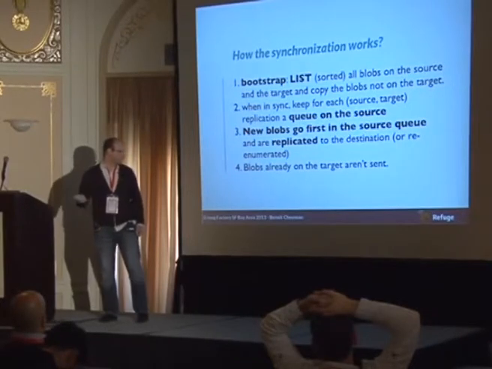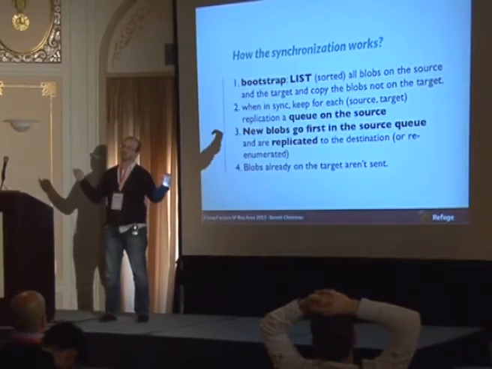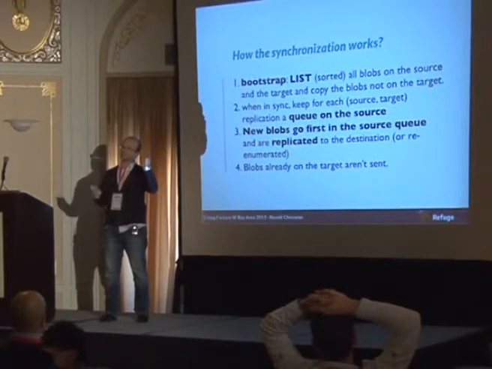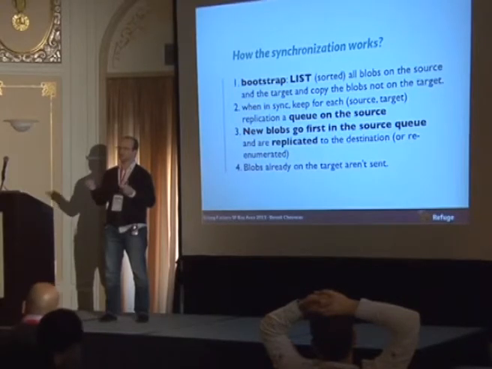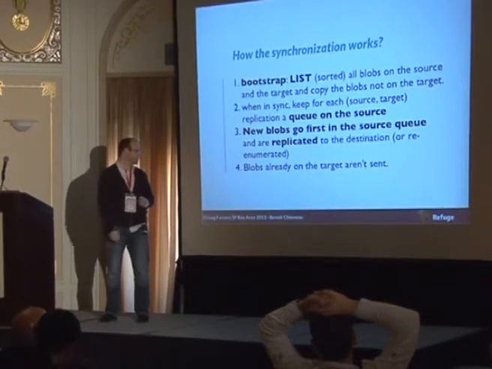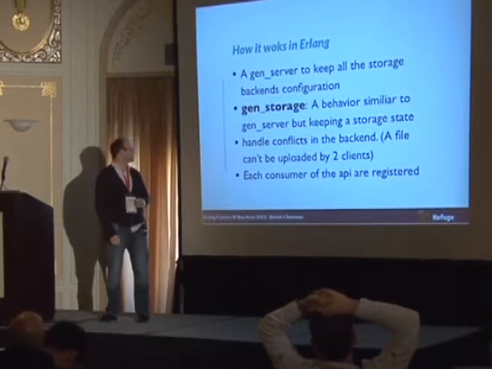Blobs that are already on the target are not sent. So if you have multiple sources coming to the target handling the same kind of files, it will be automatically detected because it works mostly like rsync, where you compare each blob ID list on the target.